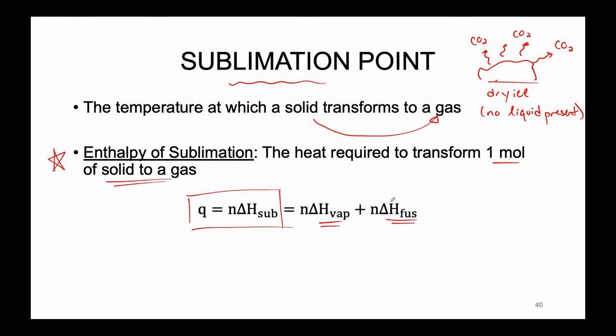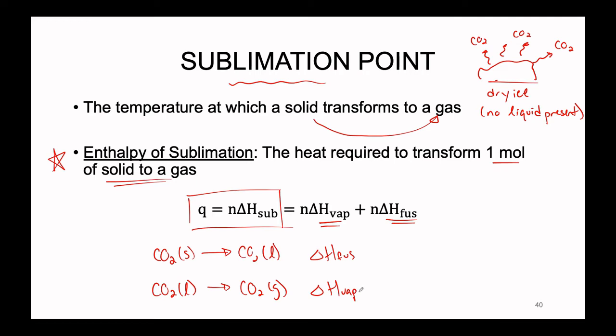So we can explain this again using Hess's law. According to Hess's law, if we add up 2 reactions together, we can add their enthalpies. So if we consider the hypothetical reaction of taking, let's say, solid carbon dioxide and turning it into liquid carbon dioxide, and then in a second process, taking that liquid carbon dioxide and turning it into gaseous carbon dioxide, well, the first reaction's enthalpy would correspond to an enthalpy of fusion, and the second reaction's enthalpy would correspond to an enthalpy of vaporization.